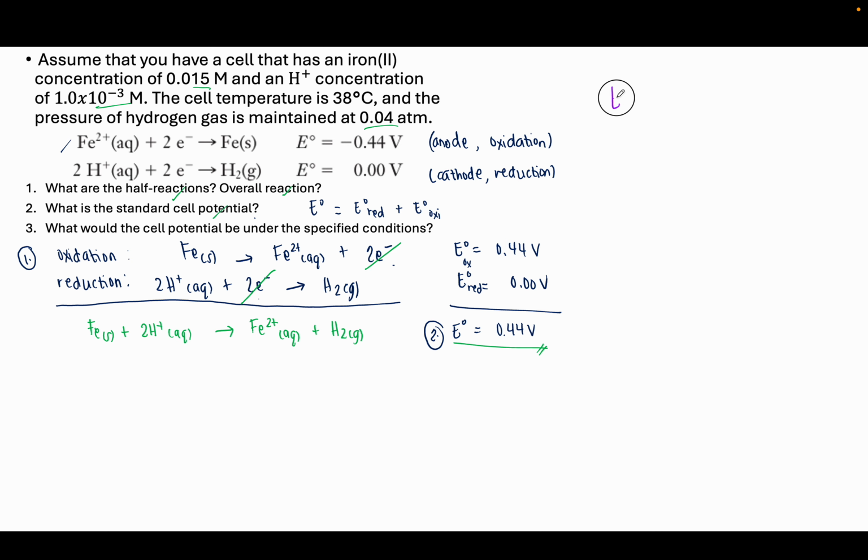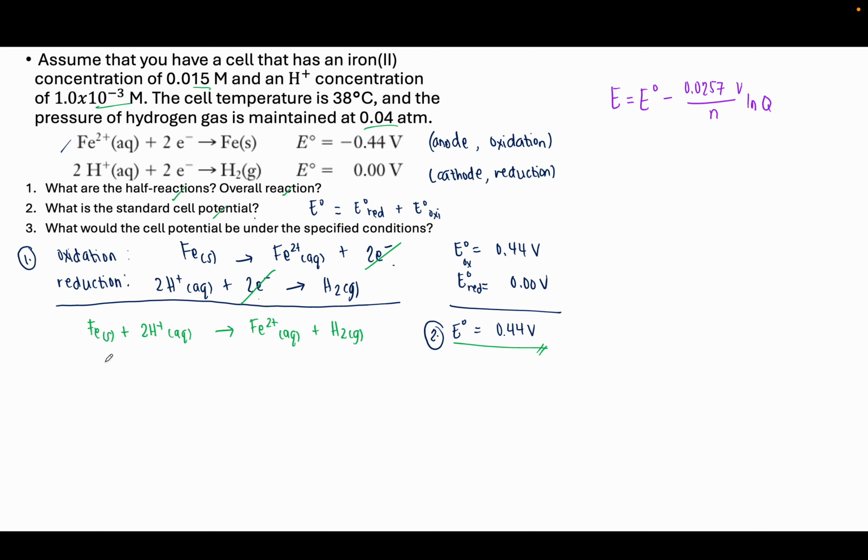Nernst equation, E is equal to E naught minus 0.0257 volts all over n, ln Q. Since we are required to use the reaction quotient, let's determine Q first.